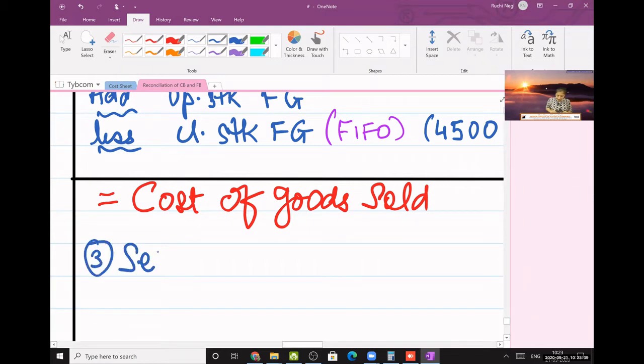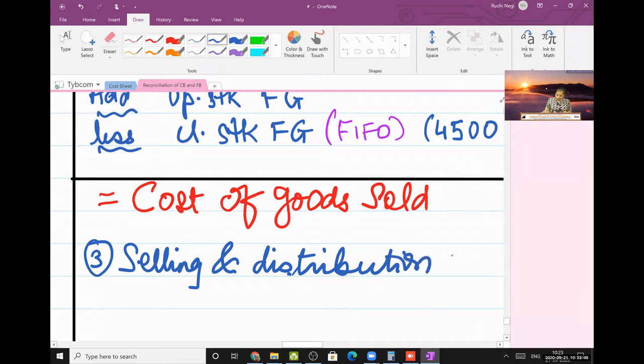And then the last part. Add selling and distribution overheads.